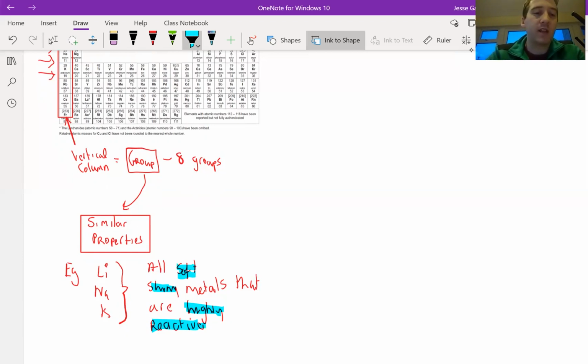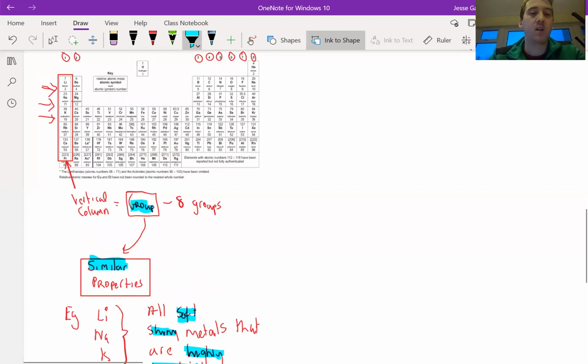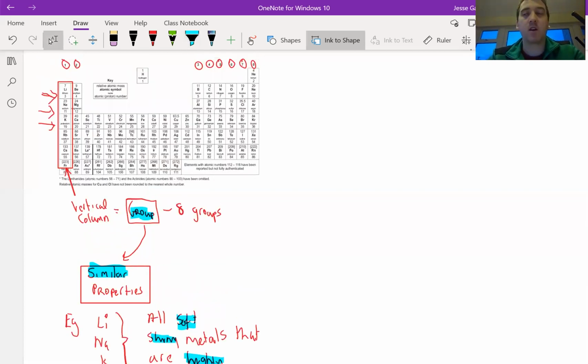We wouldn't say they have identical properties, we say they have similar properties. If they were identical, they would basically be the exact same element. So that's how elements within one group are similar to each other. When elements belong in a group together in a vertical column, they have similar chemical properties.